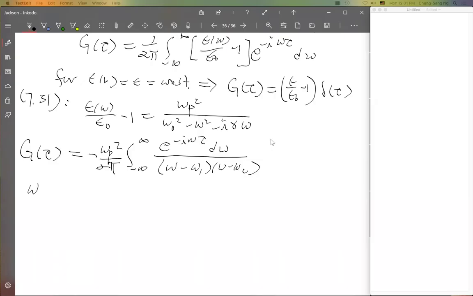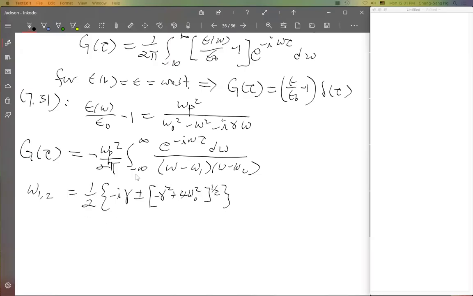It's just like solving a quadratic equation using the minus b plus and minus square root formula. Using this form, you get the two roots as minus i gamma over 2, plus and minus the square root of minus gamma squared plus 4 omega 0 square.